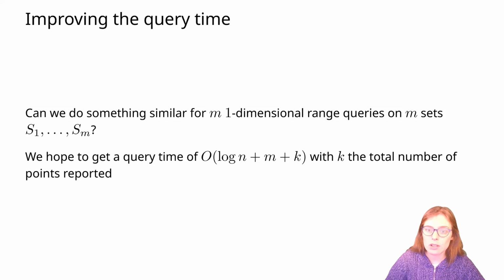Now, suppose instead of reporting the successor of a given value, we want to answer the range query on each of the m sets. And we're hoping that we can get a query running time of big O of log n plus m plus k, where k is the total number of reported points, m is the number of sets, and n is the number of values in set S1.